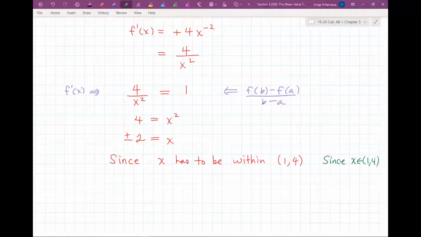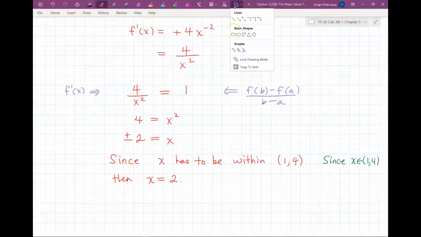You don't have to do that, but it's a shortcut so you don't write so much. That symbol means belongs in, it's an element of. So x is an element of the interval 1 through 4, somewhere in there. So since x has to be within 1 through 4, then x equals 2. And that would be your answer.